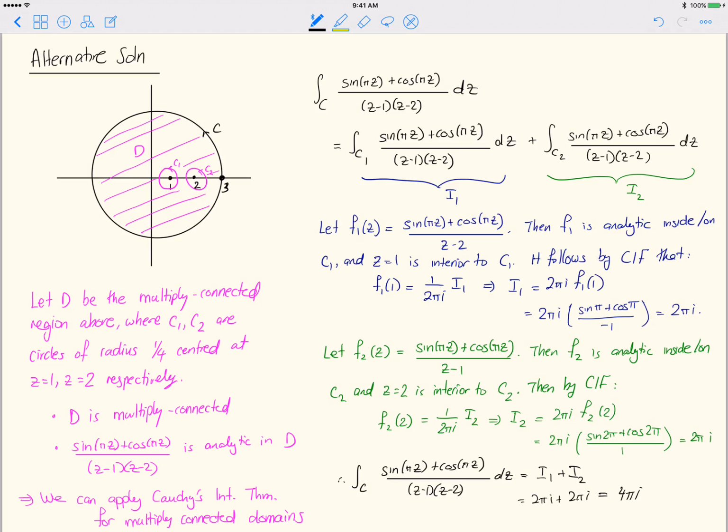So you can see we got exactly the same answer we got before. So this is an alternative method for computing the same integral. The advantage of this one is you can avoid doing partial fractions, and also you get to use Cauchy's integral theorem for multiply connected domains, which is a very cool thing to use. Okay, that's pretty much it.